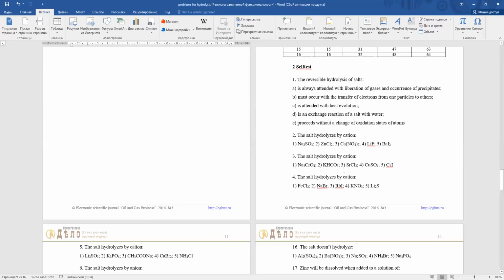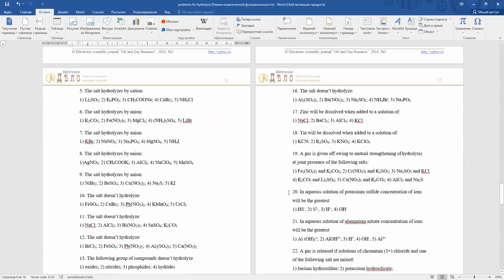Cations lose their electrons, anions gain electrons because they are super electronegative. Yeah, I remember. That's why they are negative and the cations positive. So is that clear? Yeah.